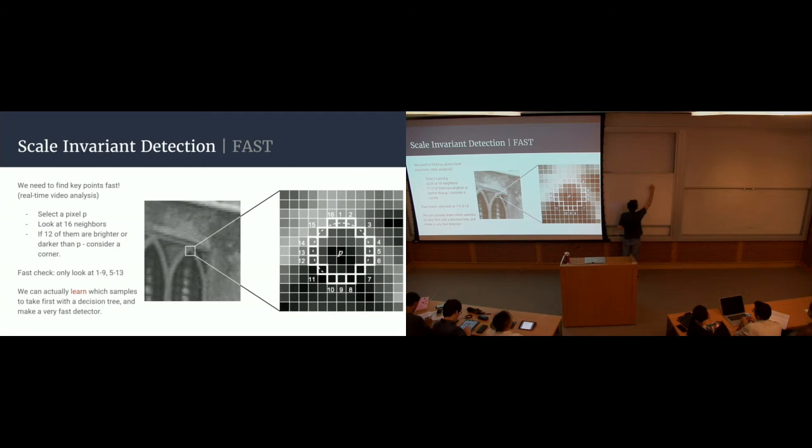So this would be the PI, and then we know another decision, PJ. Another decision. And in all the leaves what we have is basically a probability that a certain pixel is the corner, right?